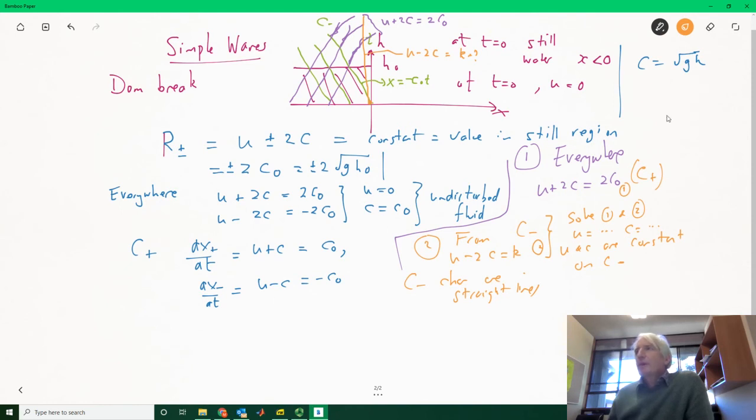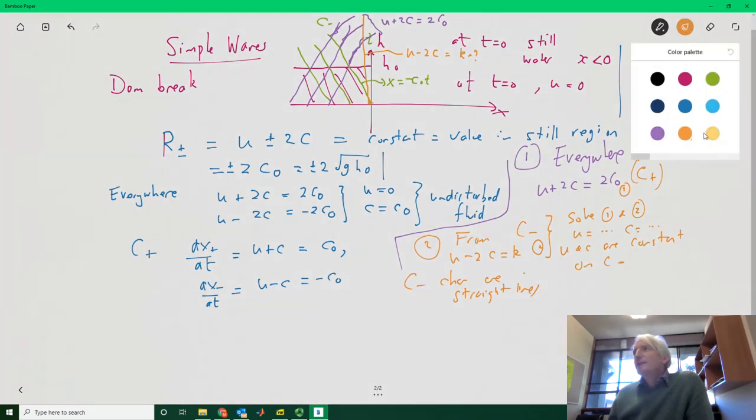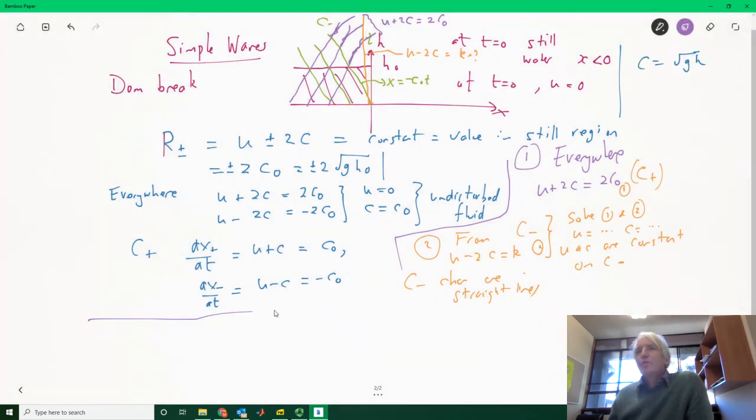Okay, I'm going to write that down here. I'm going to grab another colour. So the C minus characteristics are straight lines from the origin.